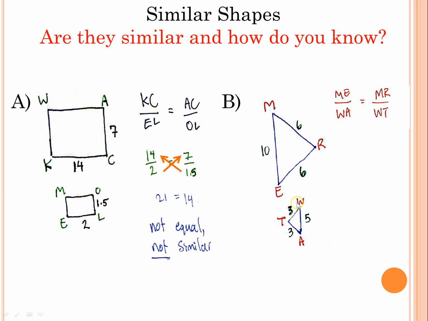One side over another side corresponds with MR over WT. Okay, so now I've got to substitute in those values and multiply. So 10 times 3 and 5 times 6, and that is 30 is equal to 30. And ding, ding, ding, 30 does equal 30, so these are similar shapes. Okay, cool.